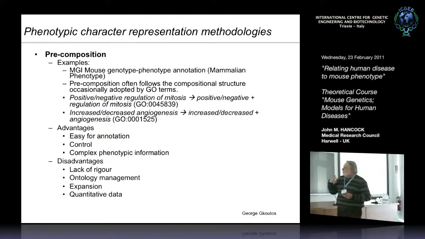So the mammalian phenotype ontology is what is known as a precomposed ontology. And that means that all of the terms in there can potentially be broken down into smaller parts, but it's been built this way because these are terms that people recognize. So there's some examples.